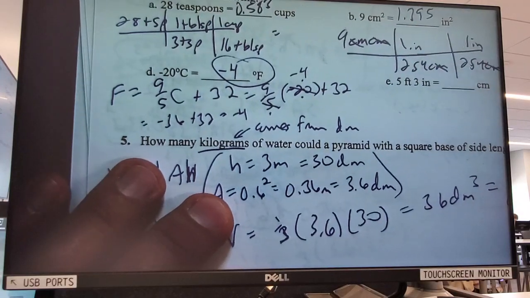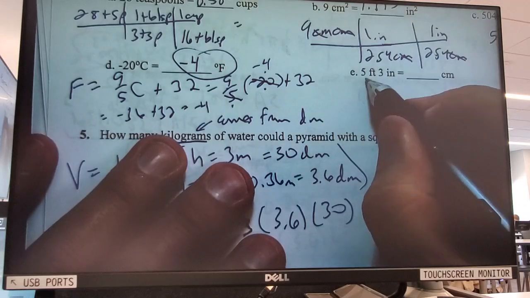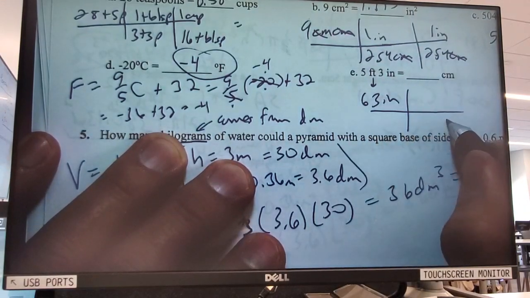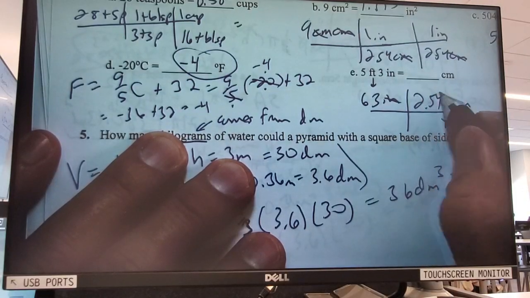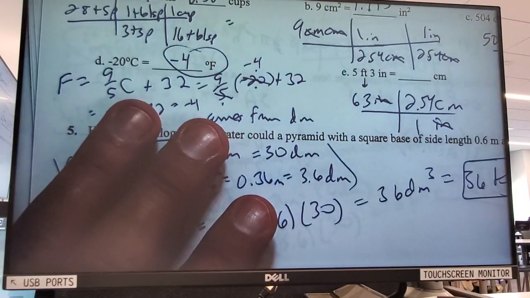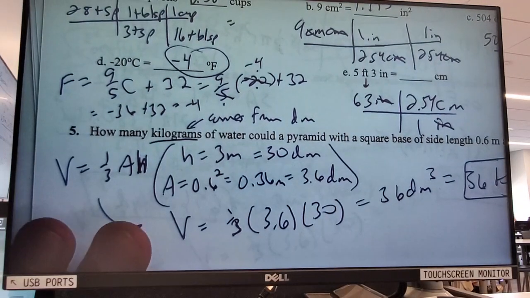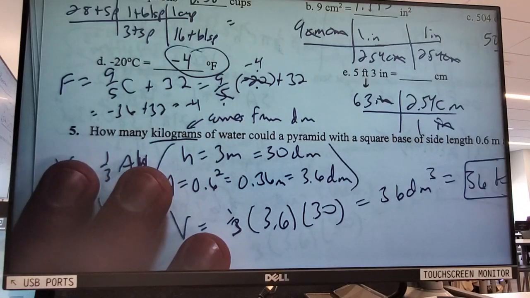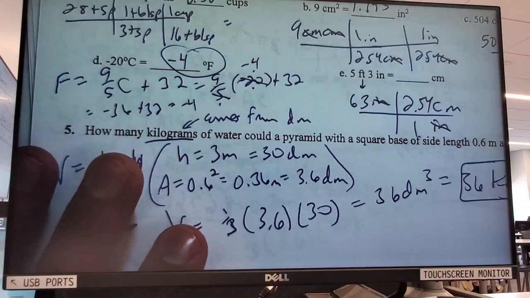Okay. And then part E we talked about earlier. 5'3" is 63 inches. So I'm going to put inches on the bottom so I can go to centimeters. 2.54 centimeters in 1 inch. And what would that be? 160 roughly.